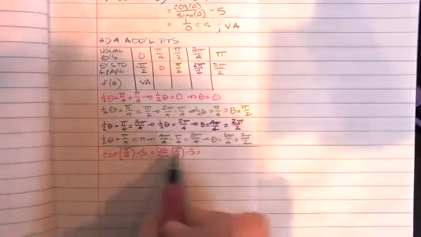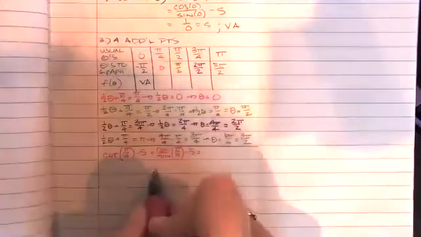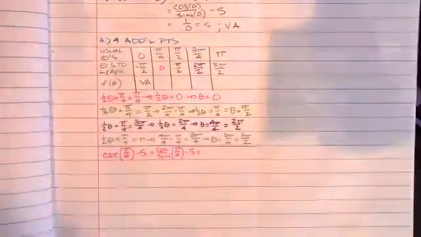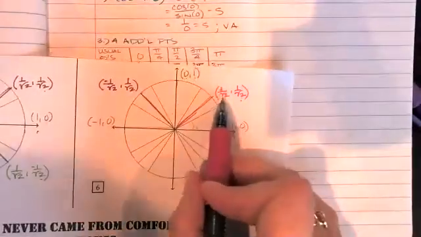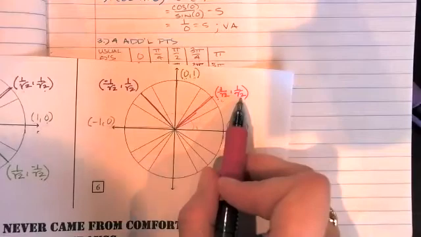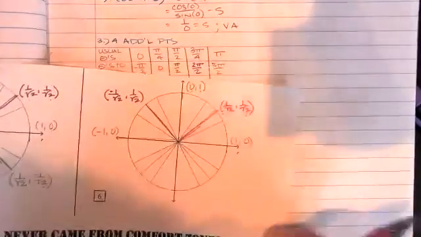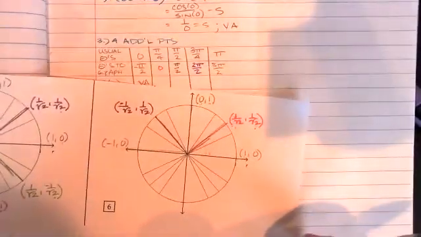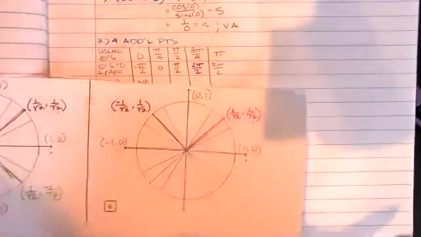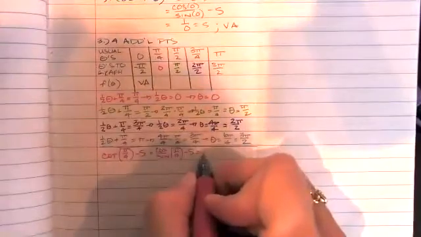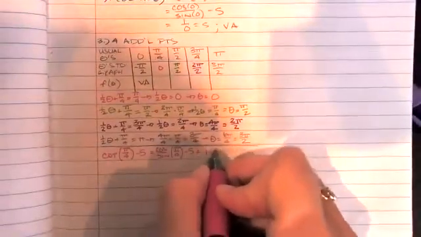The cosine of pi over 4 is 1 over root 2. The sine of pi over 4 is also 1 over root 2. Are we on the same page here? So the cosine over the sine will just simplify to 1. Does that make sense? Okay, so this will turn out to be 1 minus 5, which is negative 4.